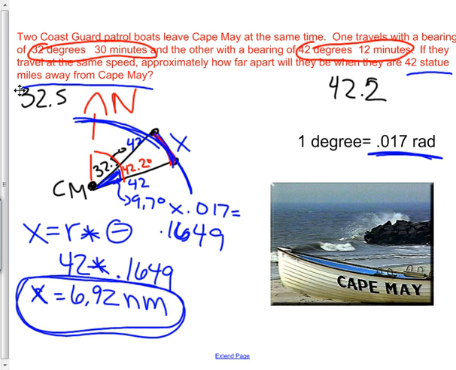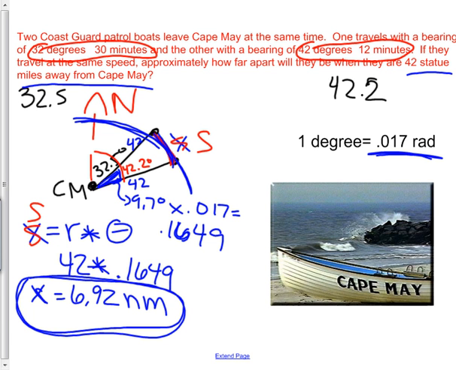Yeah, so some of you have seen it like S. Does that make more sense? S is equal to the radius times theta. We had R as radius, not rate.